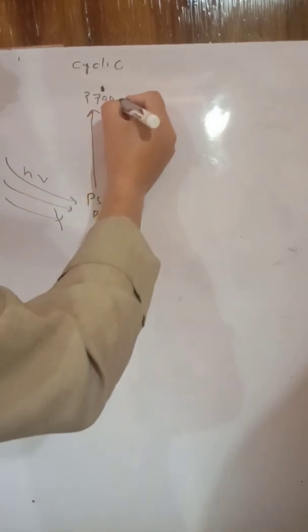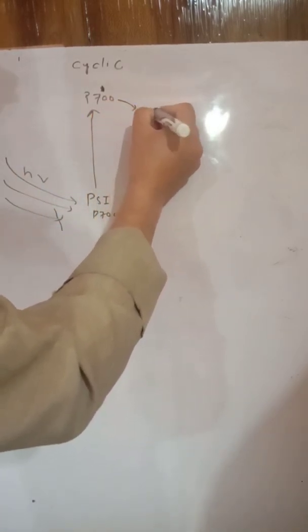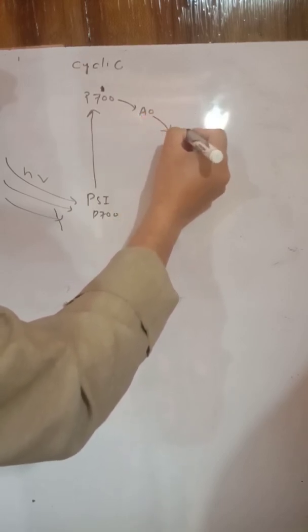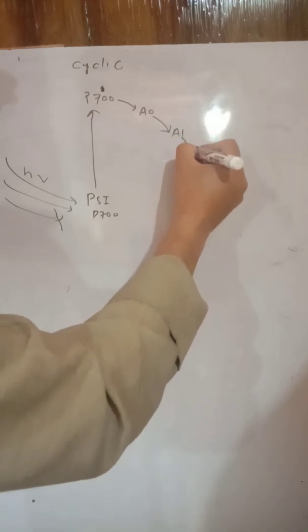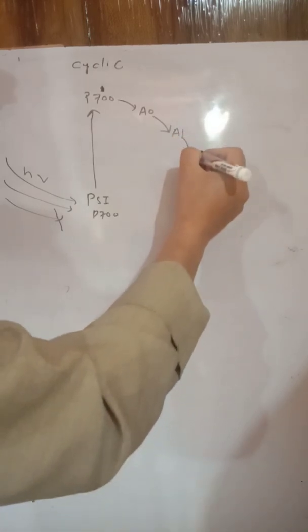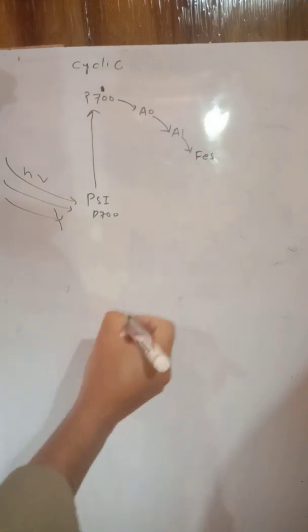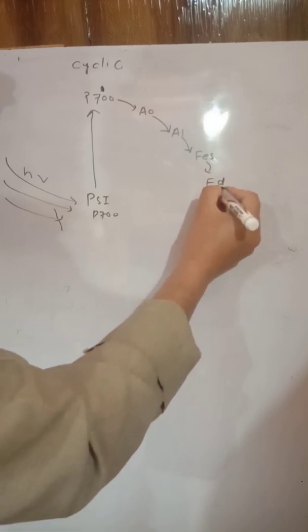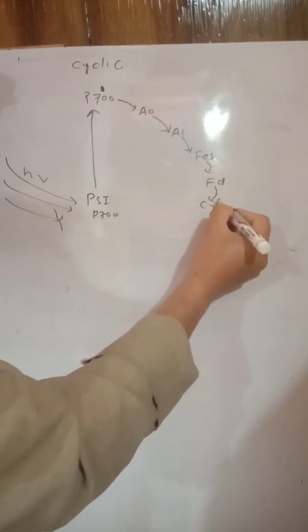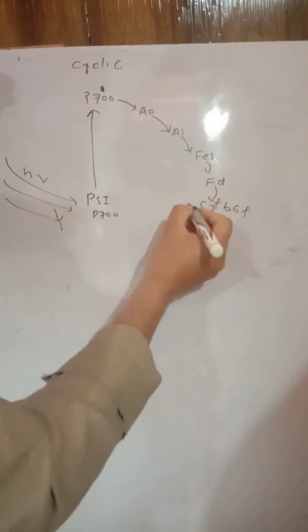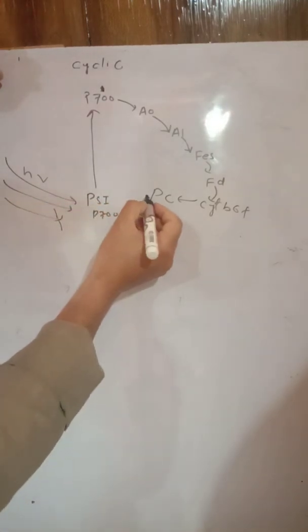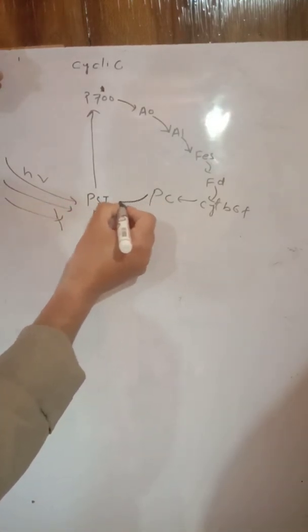Then it transfers this electron to A0, then from A0 to A1. From A1, the electron gets transferred to another complex called the iron sulfur complex. From this to pyridoxine, from pyridoxine to cytochrome B6 complex, and from this to plastocyanin, and this plastocyanin in turn returns the electron back to PS first. That is the reason it is called cyclic photophosphorylation.